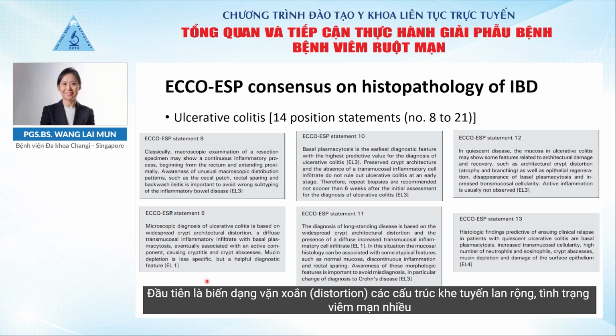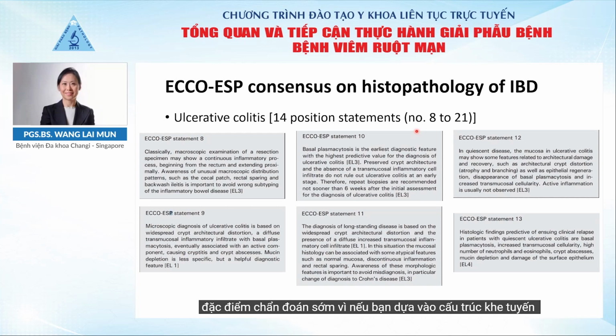So first thing is widespread crypt architectural distortion, a dense chronic inflammation in the mucosa from top to bottom, with basal plasmacytosis. Statement 10 covers basal plasmacytosis. It's used as an earliest diagnostic feature. Because if you rely on crypt architecture to make a diagnosis of UC, please note that it may not be obvious if the biopsy is taken less than 4 weeks after the onset of symptoms.